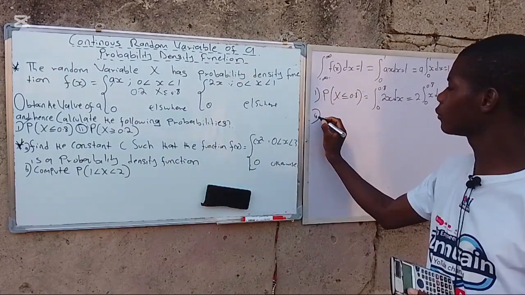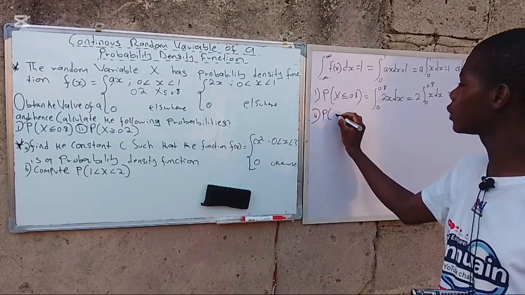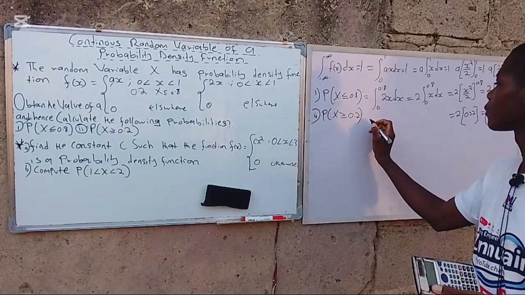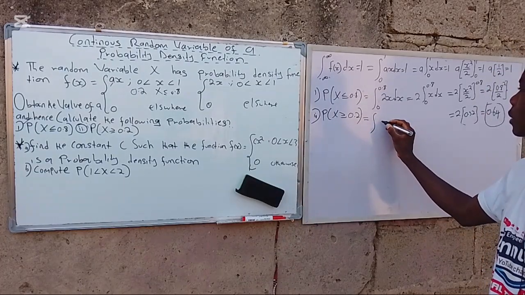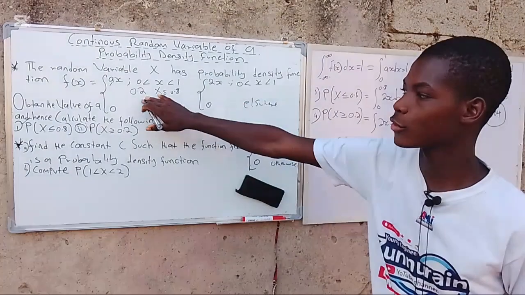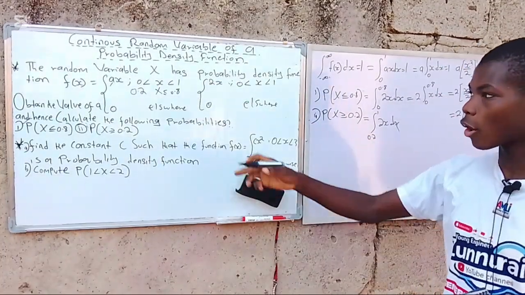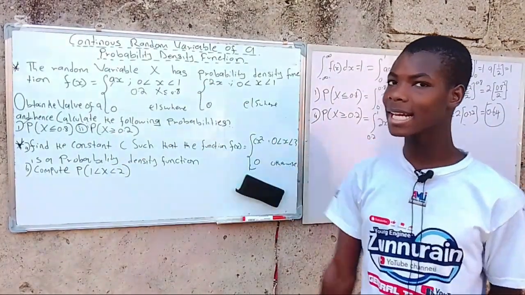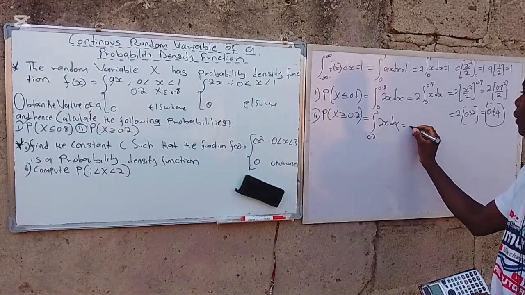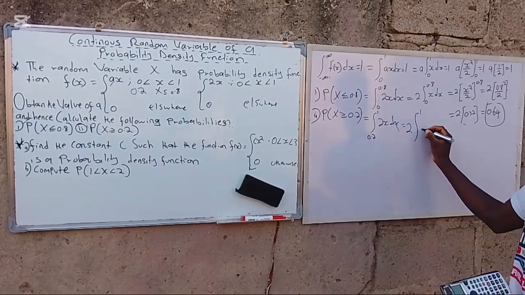So the probability that x is greater than or equal to 0.2 equals the integral of 2x dx, with 0.2 as the lower limit and 1 as the upper limit, because x is greater than or equal to 0.2. The 2 will come out, so I'll have 0.2.